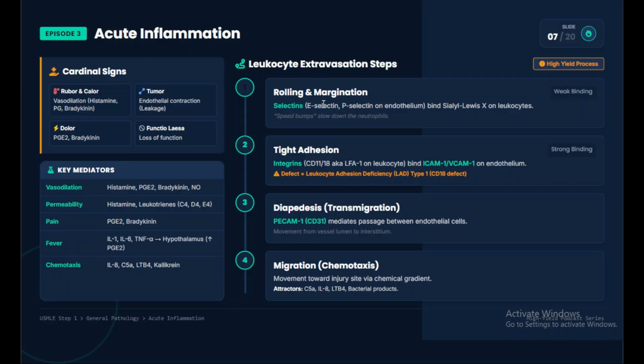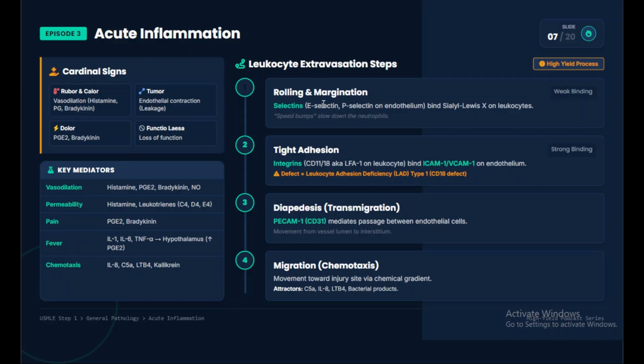Step one is rolling and migration. There are a few speed bumps inside our vasculature. Suppose the blood is flowing through the damaged area, and the patient is having rubor and calor.